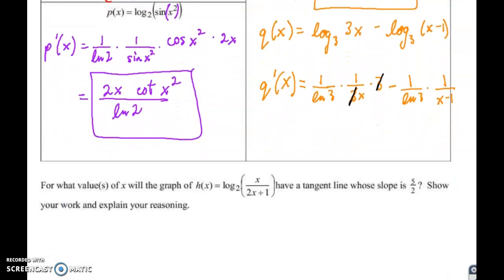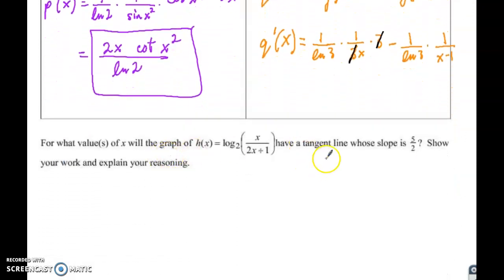And right before your homework, we can throw in another problem that involves tangent. Well, let's practice some of these rules just to make sure we're clear that h of x is just equal to log base 2 of x minus log base 2 of 2x plus 1.